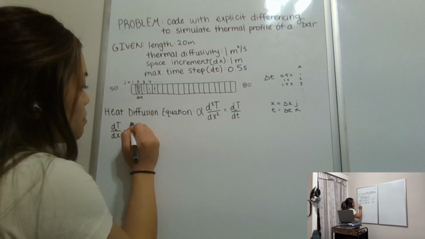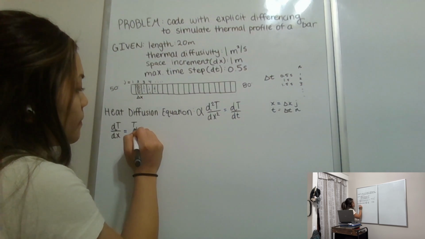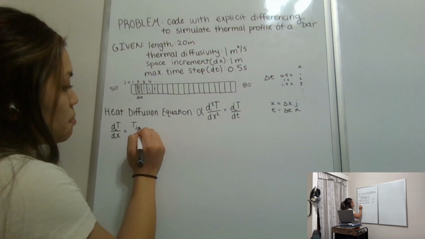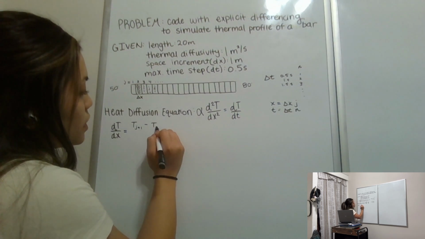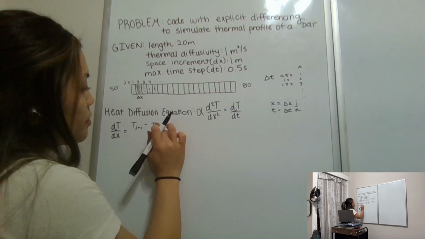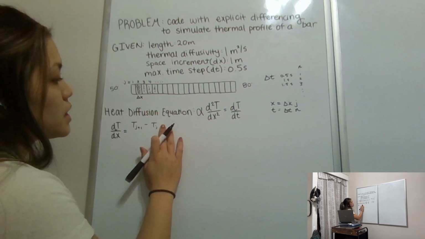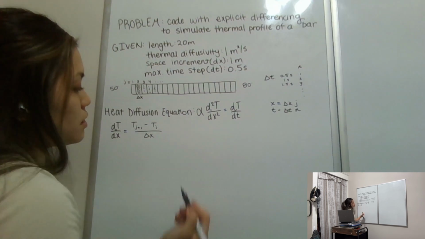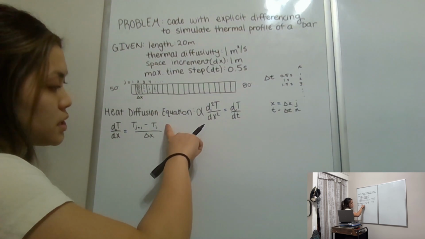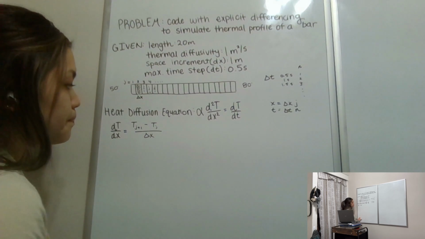We would have the temperature at block J plus 1 minus the temperature at block J, these two blocks right next to each other, divided by the change in position. So this is the difference in temperature over the difference in position.